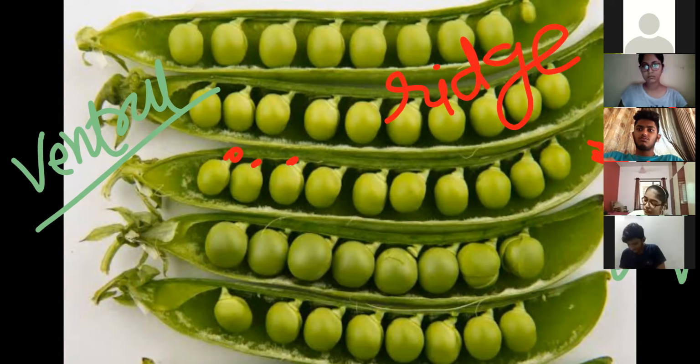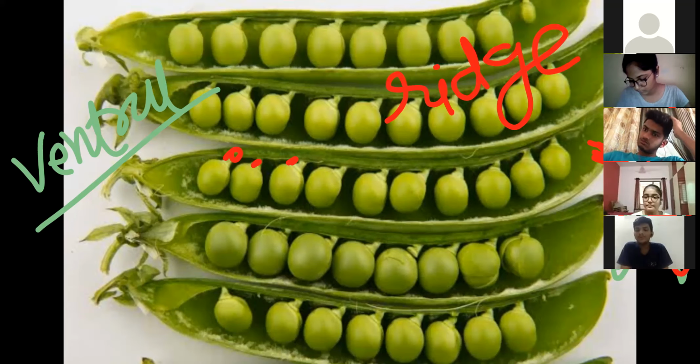Opening. ये आपने तुवेर में भी किया होगा, green तुवेर, right? उसको भी separate करें तो ऐसे दो, okay, these two pods are separate. So remember, this one we call ventral suture. Even that चौड़ी, right? उसमें भी होता है ये. So ventral suture of the ovary on which the placenta is formed, and on this placenta ovules are born.